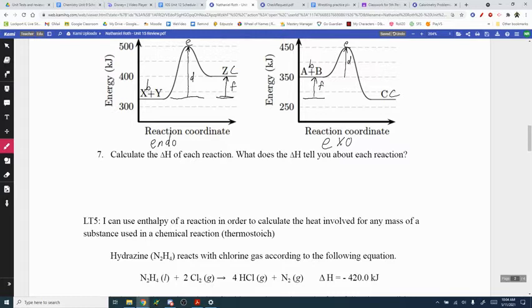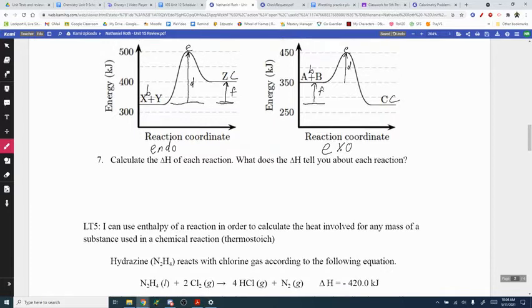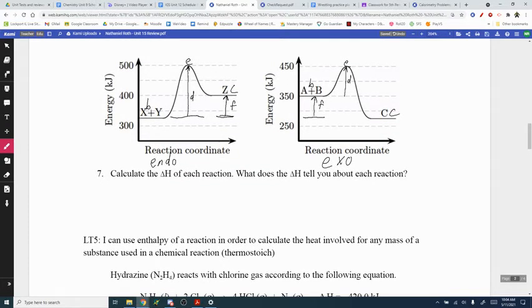Next, calculate the delta H of each reaction. What does delta H? Oh, we already did that. Oh, no, we didn't. We did the activation energy. Never mind. Okay, so delta H. We find the products, which is 400. We find the reactants, which is 325. So our delta H for the first reaction is 75. And that's positive 75 because it's products minus reactants.